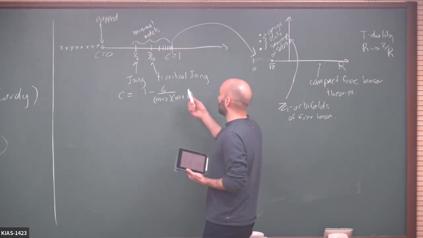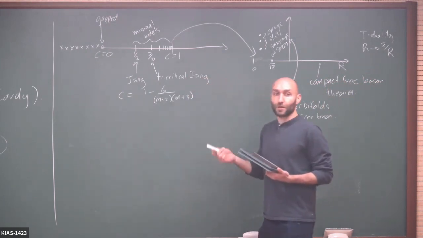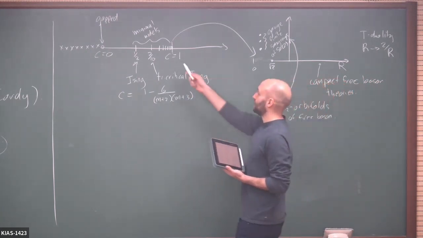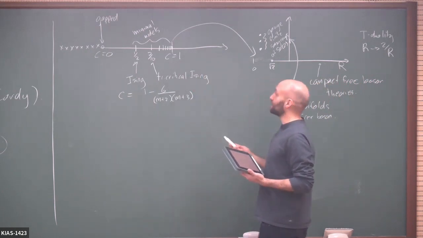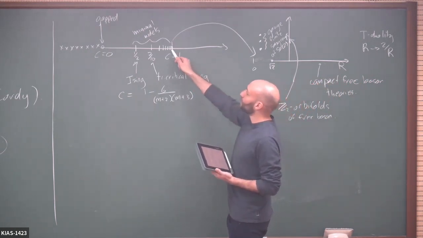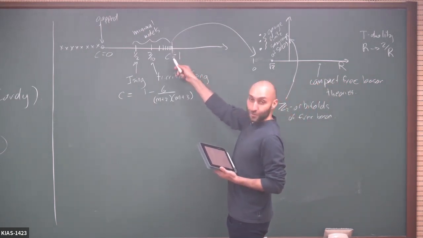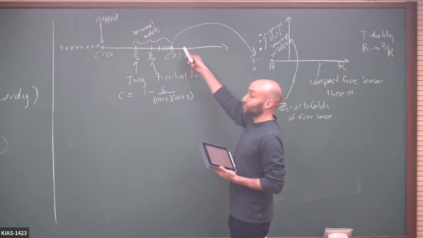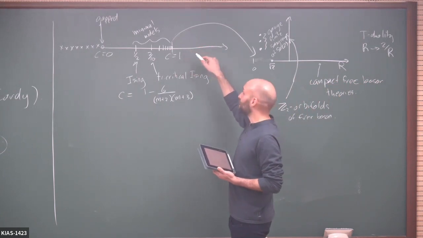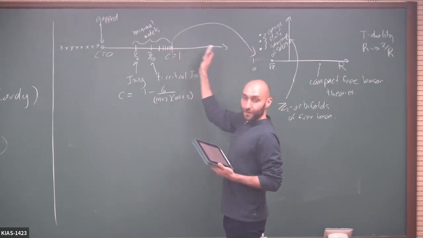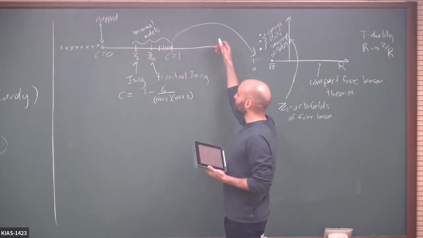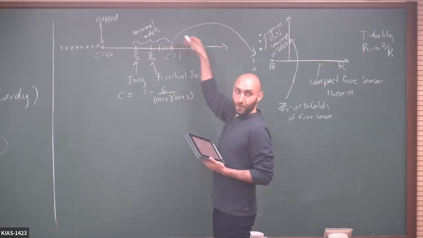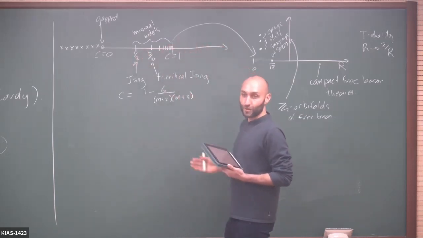So let me give you an example of a very coarse question you might ask about the space of theories with c greater than 1 that we don't know the answer to. We don't know whether there is a gap between c equals 1 and the next central charge that's realized by a CFT. We don't know if there's a continuum of theories at c equals 1. We don't know if there's an accumulation point from the right, just like there's an accumulation point to the left.